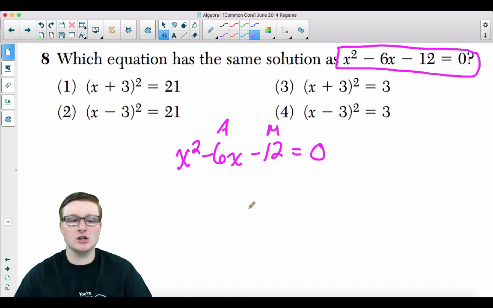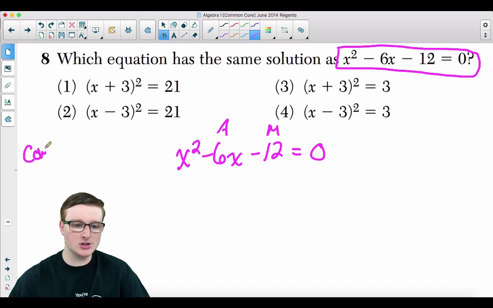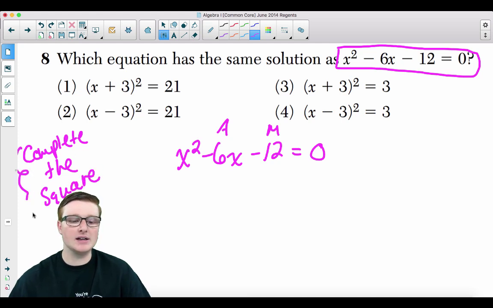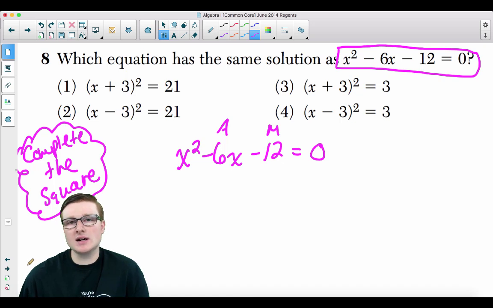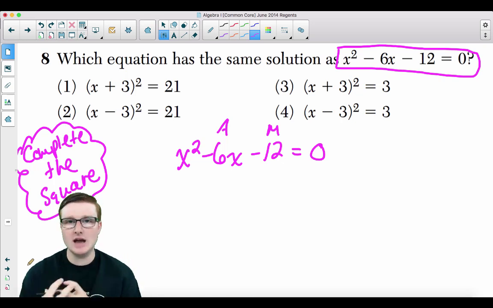So what we need to do, and you learned this as an Algebra 1 student, is complete the square. Completing the square is a method to rearrange the numbers and force the equation to create a perfect square trinomial.